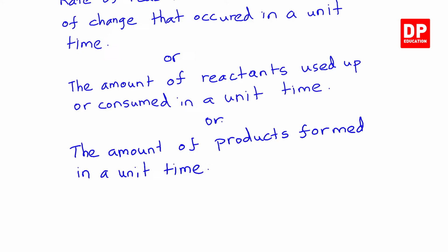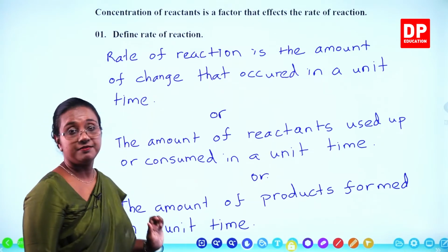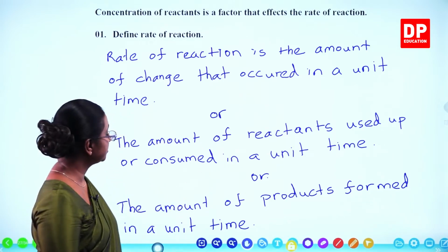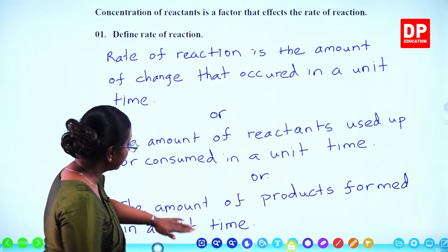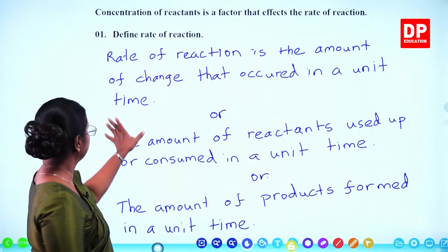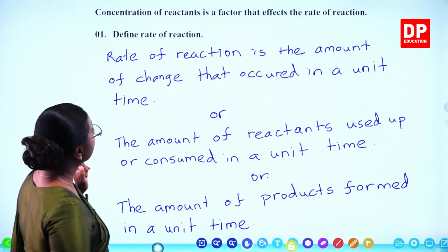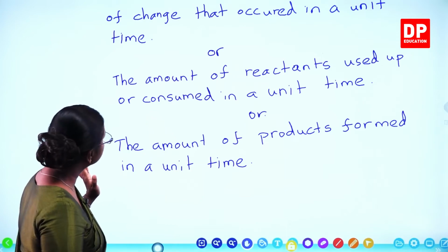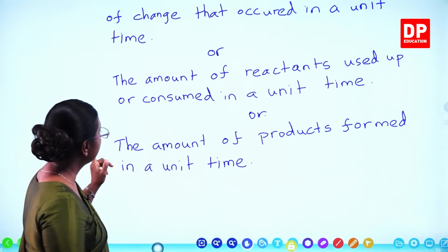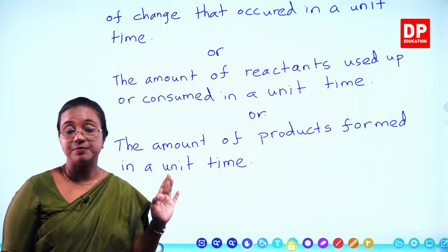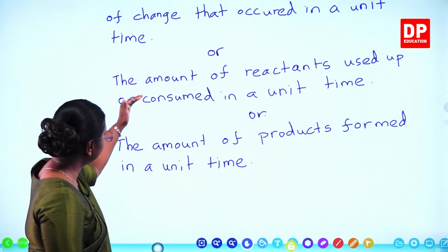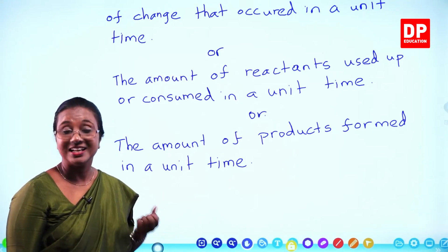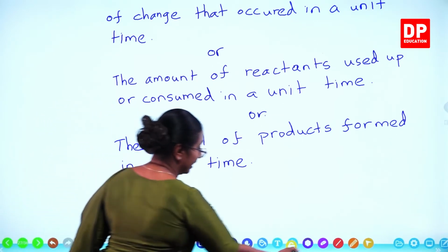So these two together are given by this definition. When we say rate of reaction is the amount of change, that is the amount of reactants used up or the amount of products formed. So the combination of these two is this particular definition. That's why we use it usually. The rate of reaction is the amount of change that occurred in a unit time, or the amount of reactants used up or consumed in a unit time, or the amount of products formed in a unit time. This is how we calculate the rate of reaction. So I am sure students, you were able to answer this correctly. With that, I'll move on to the next slide.